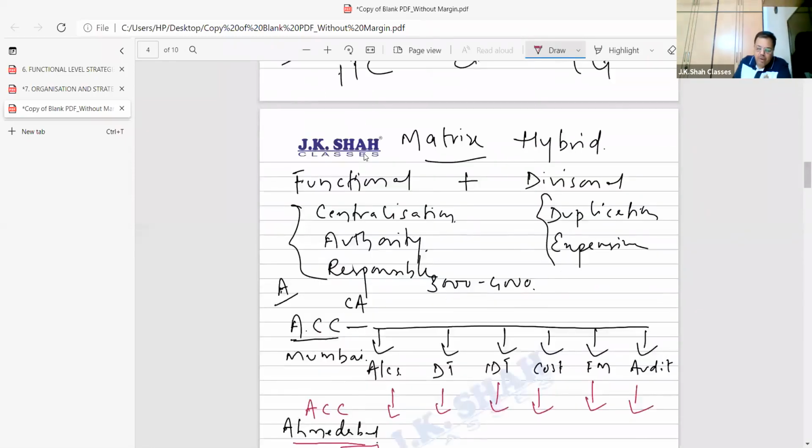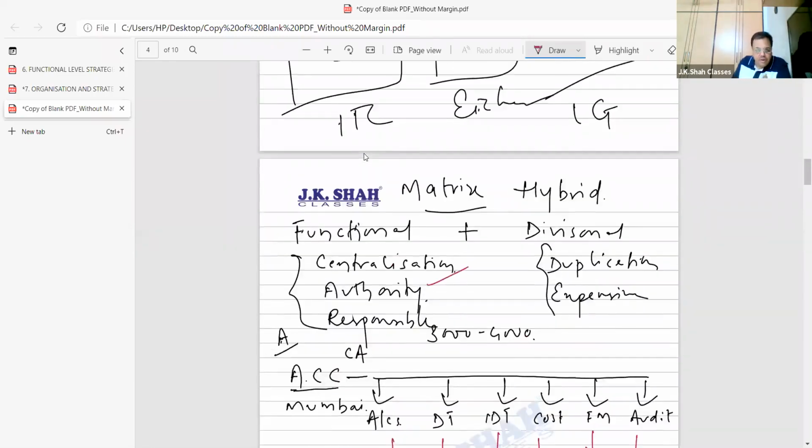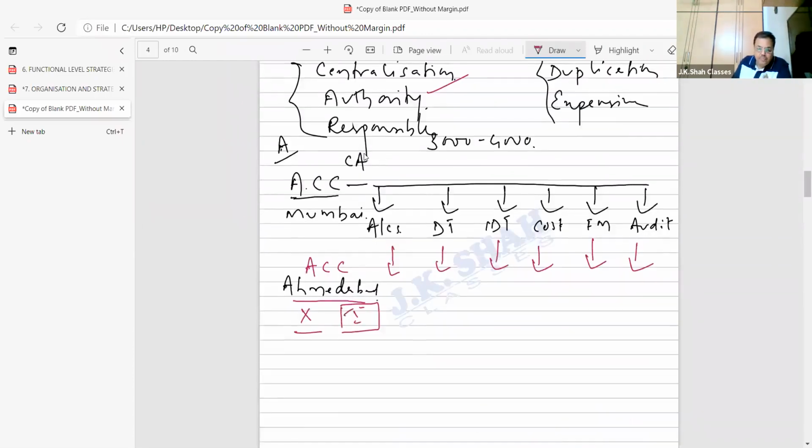First problem was what? Here, centralization was there in functional. But here, what happened now? Mr. A is in charge of the Mumbai branch. X becomes the in charge of Ahmedabad branch. So what has happened? Authority is given. And there is no duplication of staff. My staff from Bombay is only going to Ahmedabad and teaching. And if I can't send my teacher, then I start finding a local teacher.